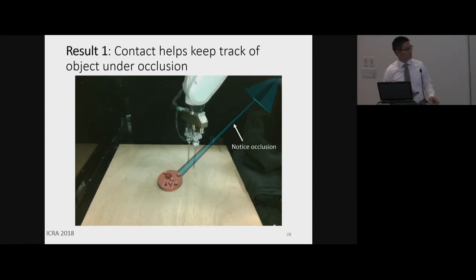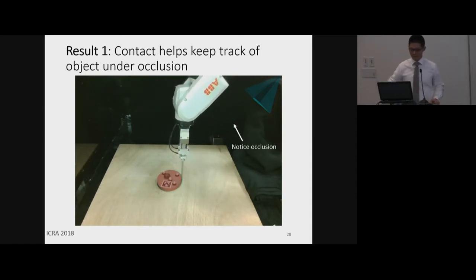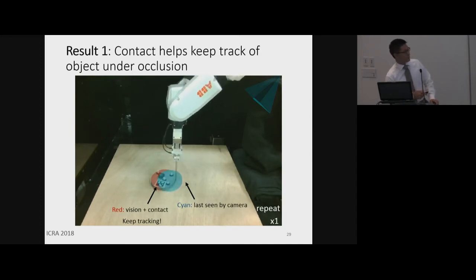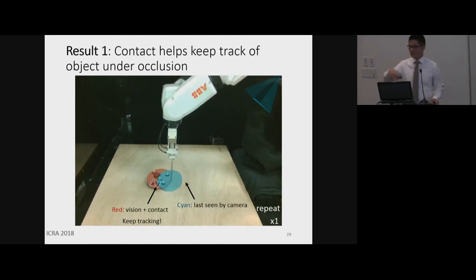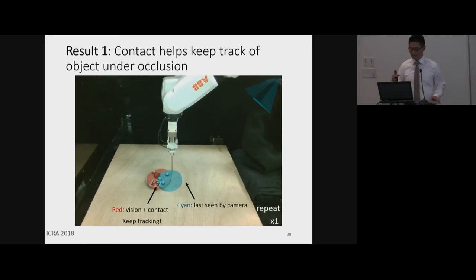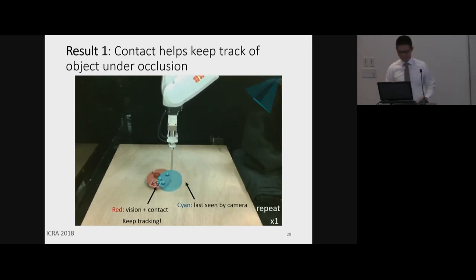Next, I'll play the video, and notice that there are occlusions happening when the robot is trying to manipulate the object. At this point I pause it, and now I continue, and you'll see that the red estimate, using vision and contact, can still keep track of the object. But the cyan one, which is the place last seen by the camera, is still at this place.